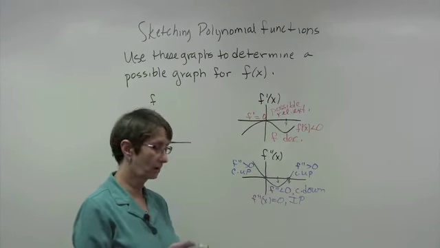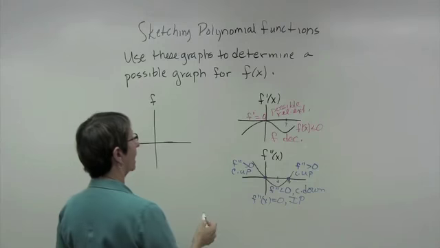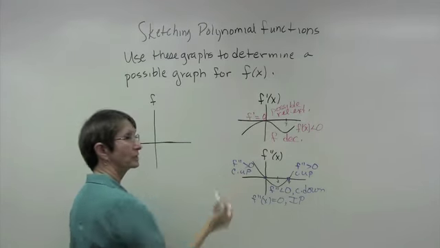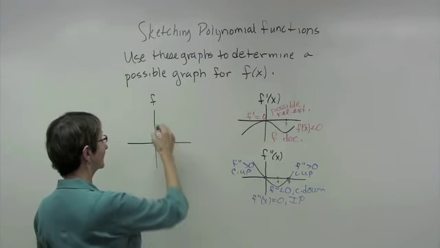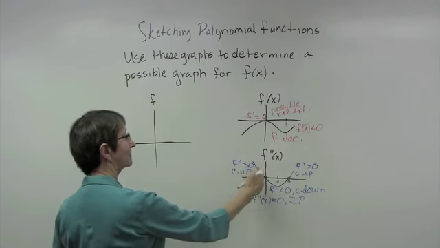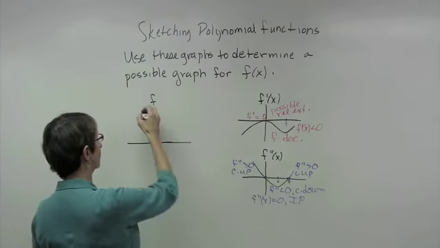So we have a graph that decreases, and I kind of like it going through 0 on both of them, so let's go through 0 here. The function is always decreasing, and it's concave up to the left of 0. So our function decreases, but it's going to be concave up.